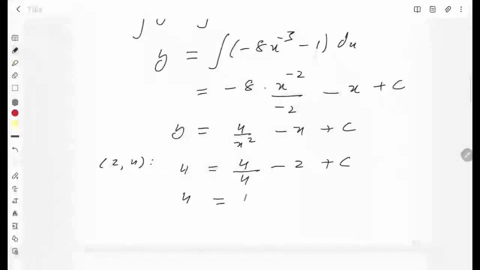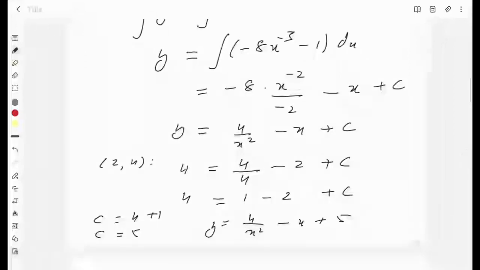And if you separate c, 4 plus 1, and c will be 5. So your final equation of the curve is four over x squared minus x plus 5 is your final answer.